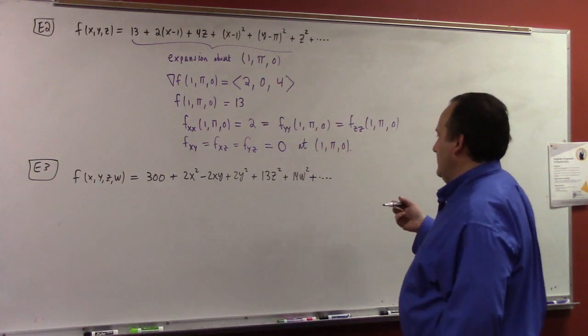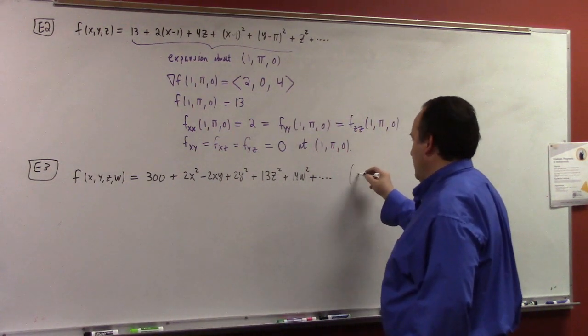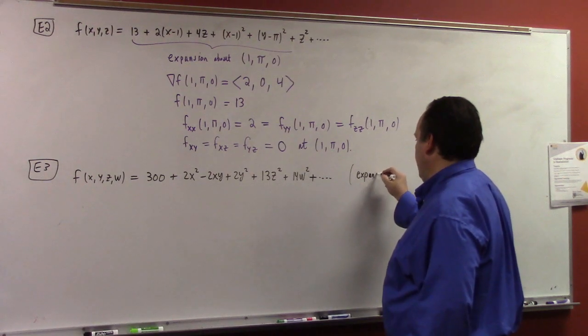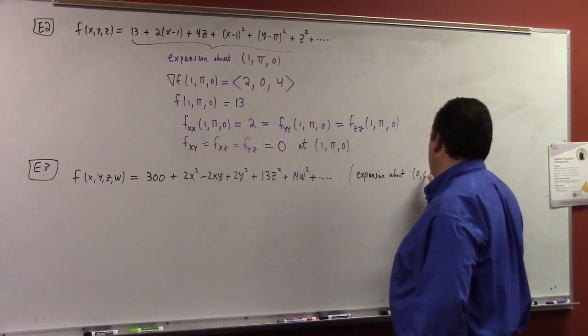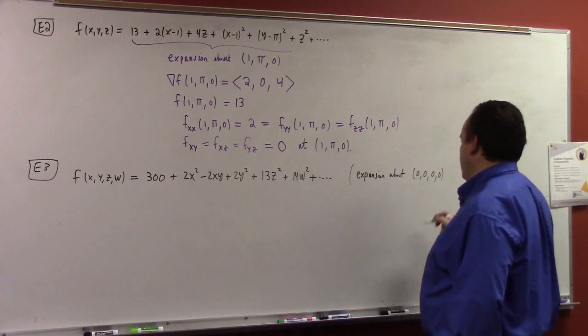So this is the expansion about 0, 0, 0, 0 to order 2.